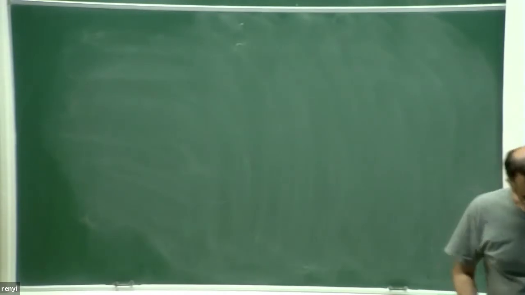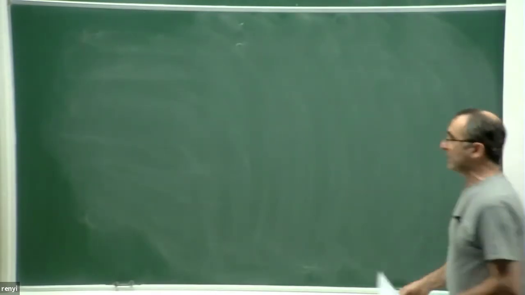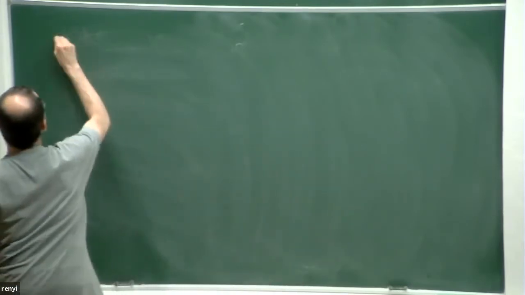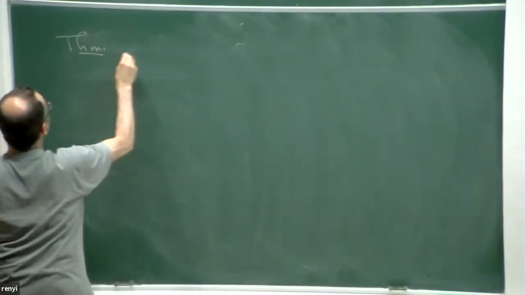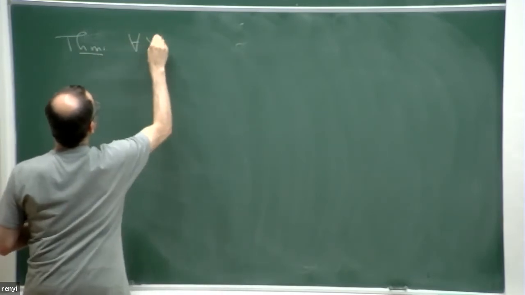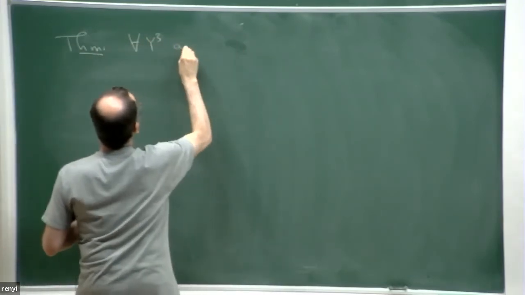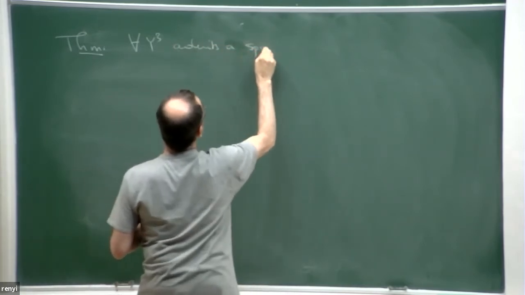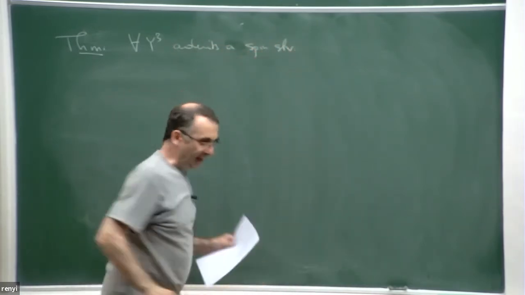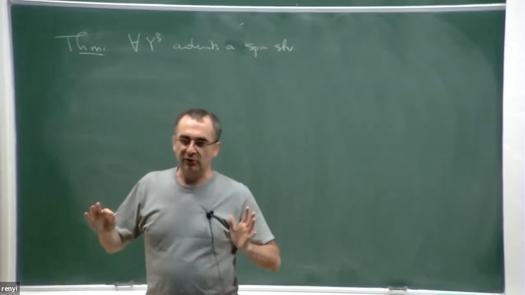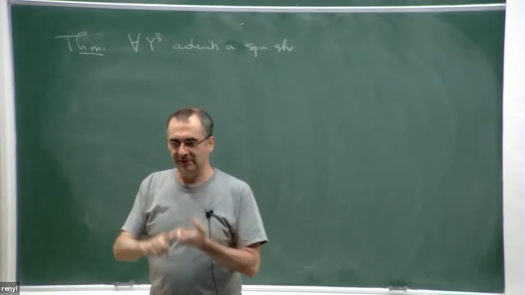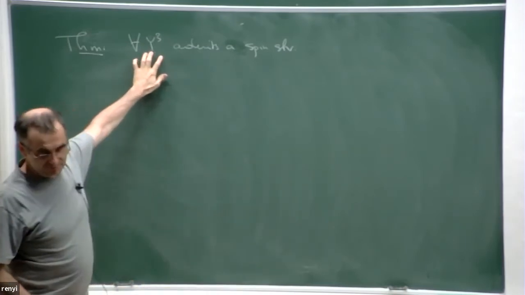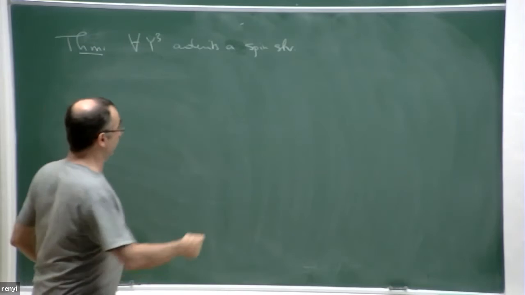Yes. So let's see what happens in the dimensions we are really concerned about. So here is the theorem. Any three-manifold admits a spin structure. Well, for me, a manifold is always oriented and smooth. So if I write Y3, I implicitly assume that it's an oriented three-manifold.